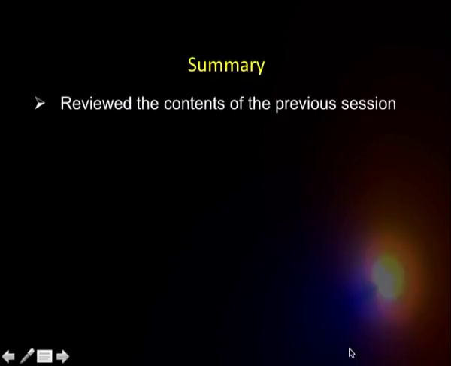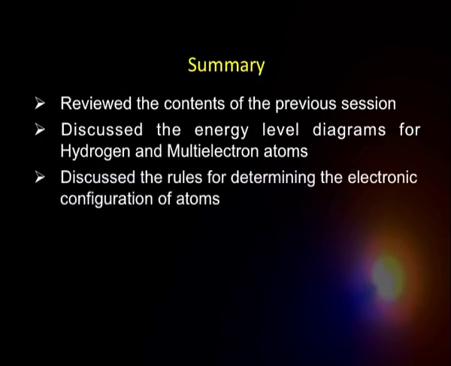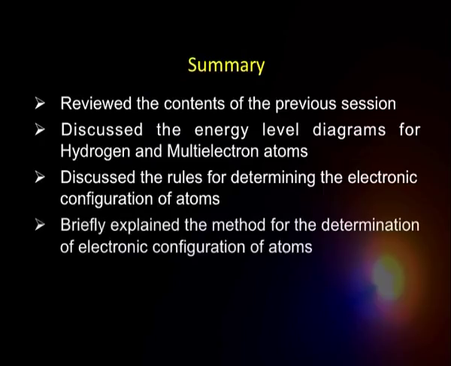Let us sum up what we have done today. We started by reviewing the contents of the previous session. Thereafter, we discussed the energy level diagram for the hydrogen atom and that of multi-electron atoms. Then we discussed the rules for determining the electronic configuration of atoms: Pauli's principle, Aufbau principle and Hund's rule. Very briefly, we discussed the method for the experimental determination of electronic configuration, wherein we brought in photoelectron spectroscopy.